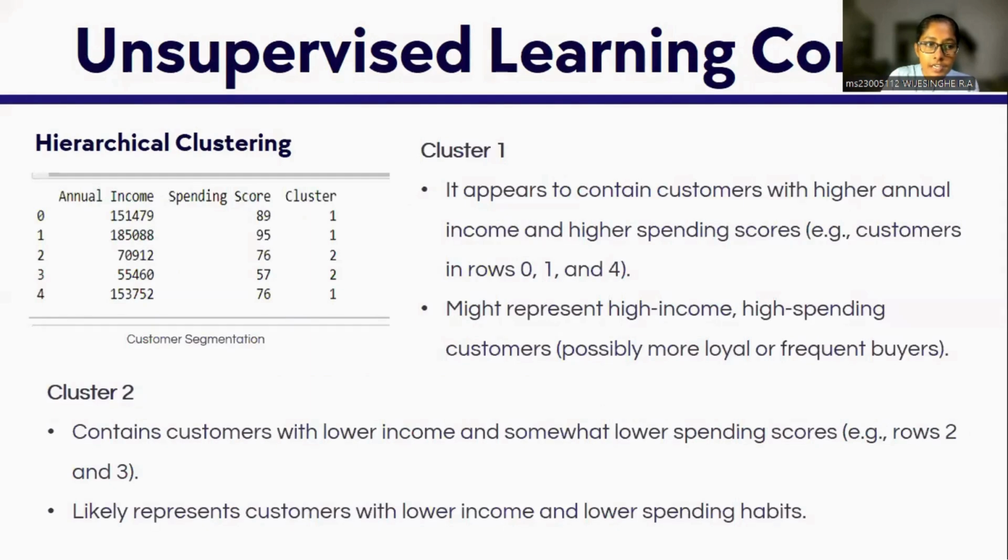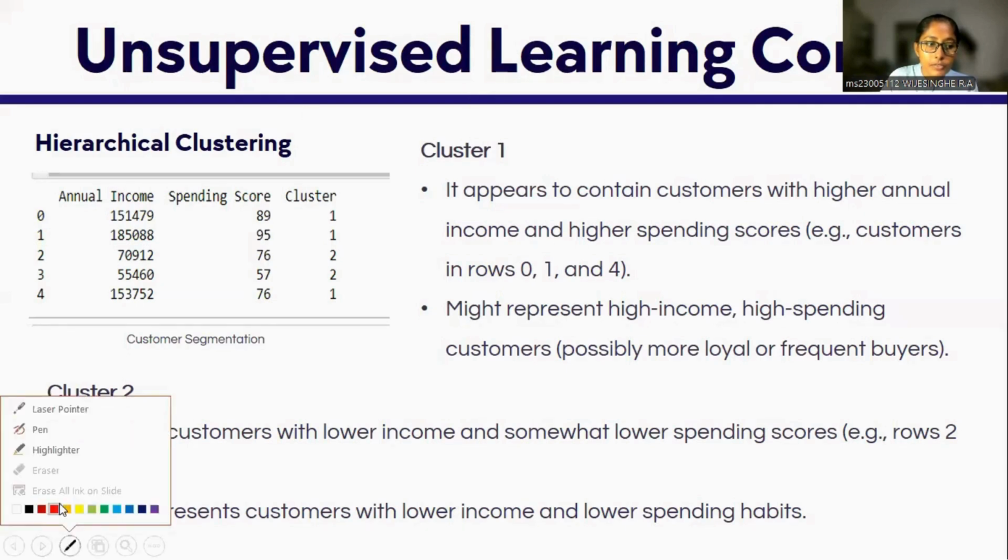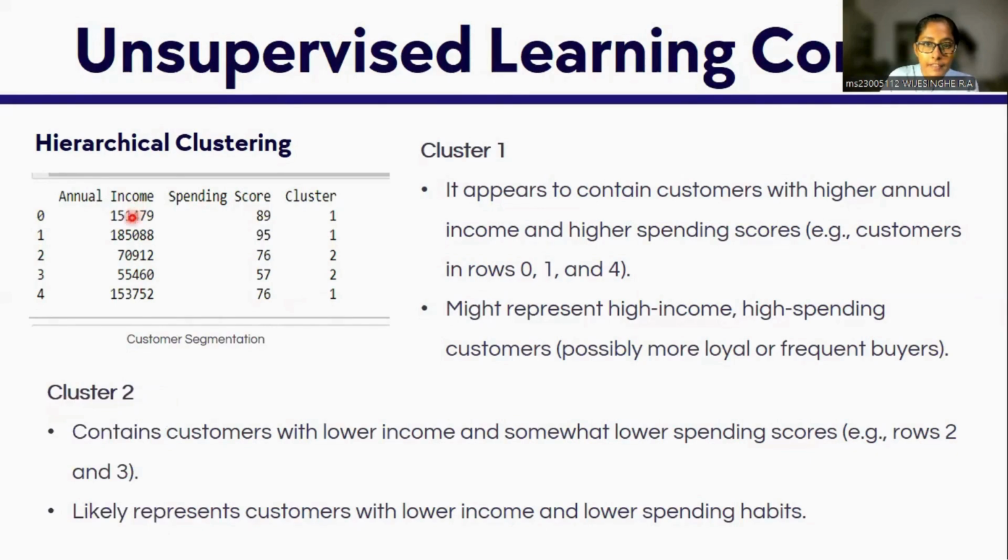And in the hierarchical clustering, here we can see the customer segmentation. Cluster 1 appears to contain customers with higher annual income and higher spending scores. Here we can see in rows 0, 1, and 4, we have higher spending scores, and it might represent high income and high spending customers, possibly more loyal or frequent buyers.